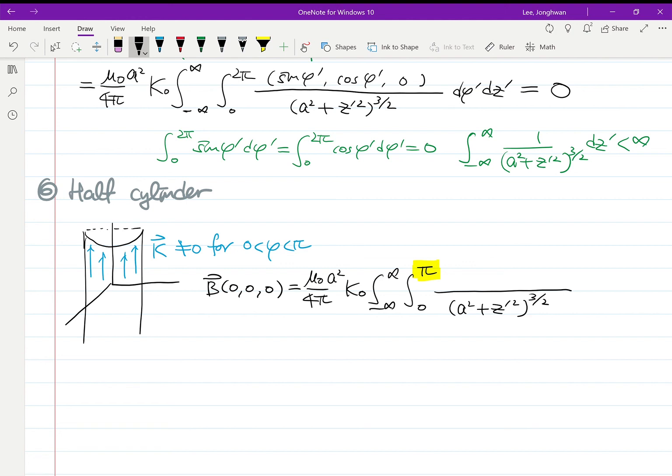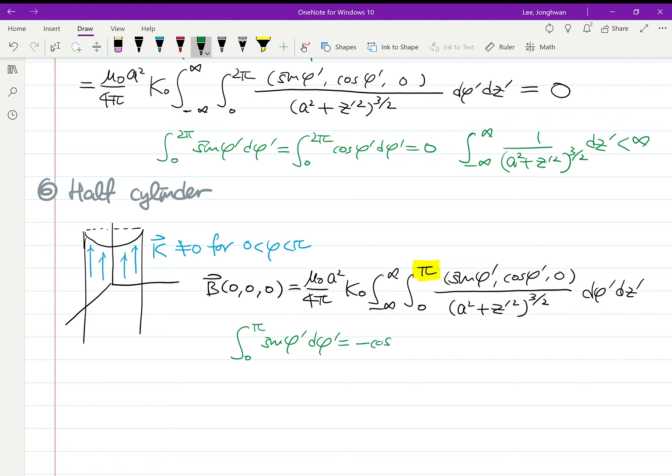And you could expect that this will not be perfectly cancelled out to be 0. Because now we have an integral of the sine phi prime only from 0 to pi.